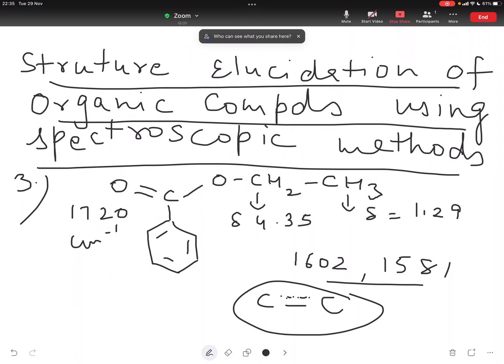This indicates the presence of this moiety. That means these 3 protons are splitting the signal due to these 2 protons into a quartet, and these 2 protons are converting this signal into a triplet. Here we are getting a triplet and here we are getting a quartet.